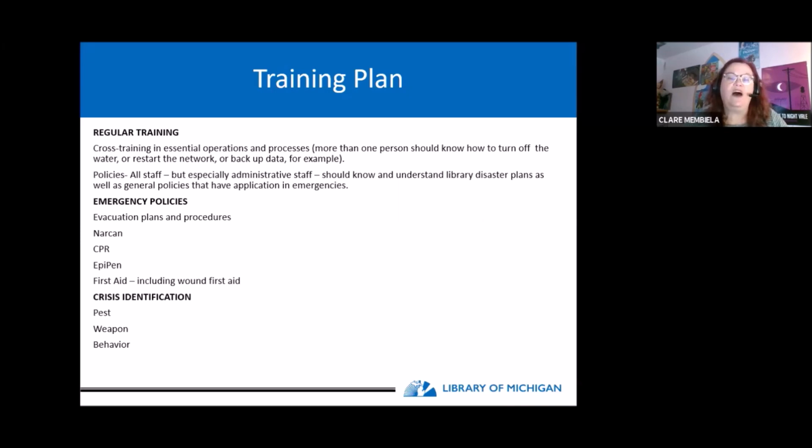And policies, we've been talking about policies. Make sure that everybody knows what the policies are, and if they change, make sure everybody knows about it. In terms of your emergency policies, make sure everybody is aware of evacuation plans and procedures. Have a Narcan policy if your library is going to carry that.